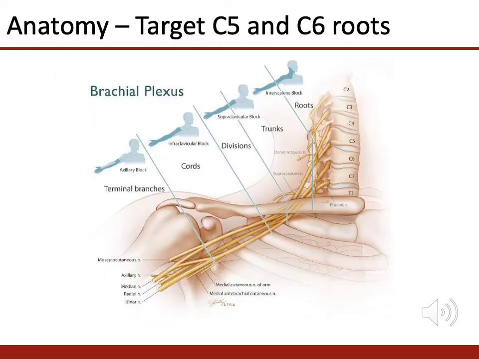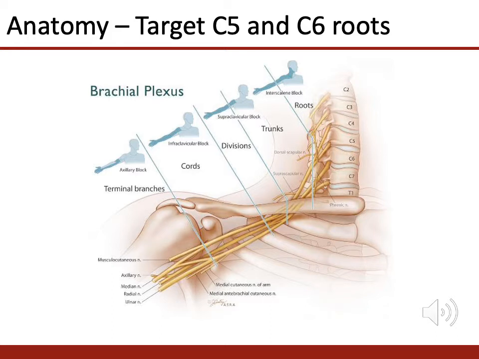So the interscalene nerve block is really a root block, and it is a root block of C5 and C6. We can see from this lovely illustration, which is from ASRA.com, references are in the last slide, that the brachial plexus is divided into roots, trunks, divisions, cords and terminal branches, and the interscalene block is right up at the top, at the root level, blocking C5 and C6 as already mentioned.